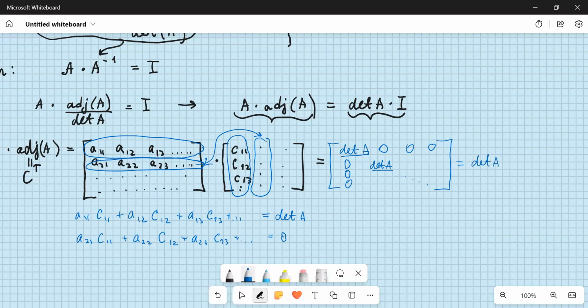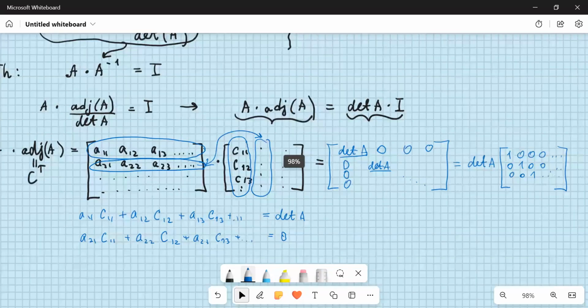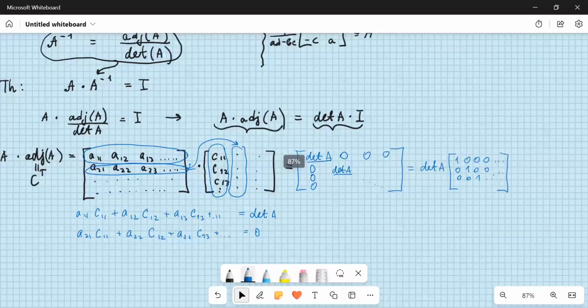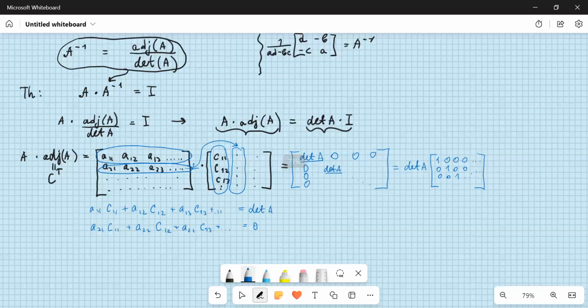We are going to have the determinant of A. And what is left over is 1 here and lots of zeros here, and then 1 here, and 0, 0, 1. What is going to be over here? It's just the identity matrix. Let me make it a little bit smaller so you can see the whole thing. So what we have over here is the determinant of A times identity.